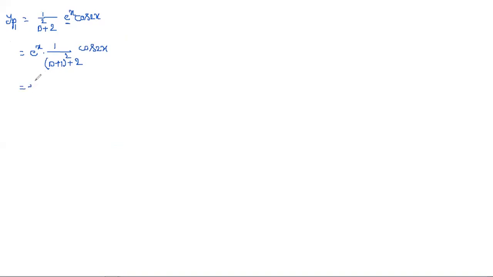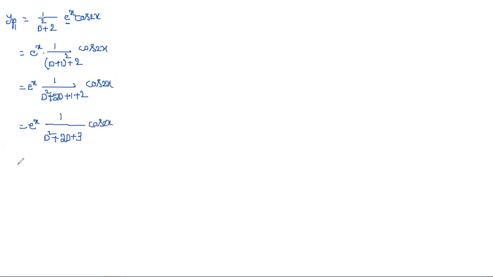Now simplify: a plus b whole square gives D square plus 2D plus 1, plus 2, into cos 2x, which is e power x into 1 by D square plus 2D plus 1 plus 2, that is plus 3, into cos 2x.